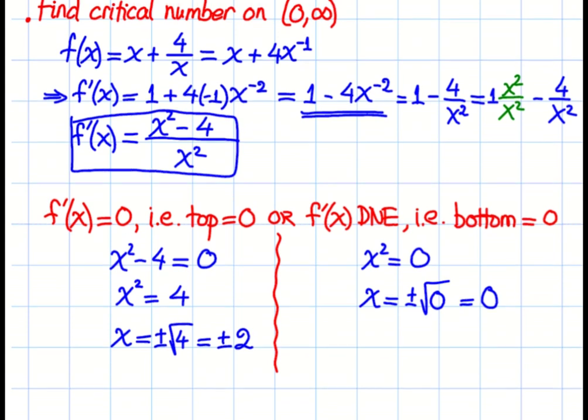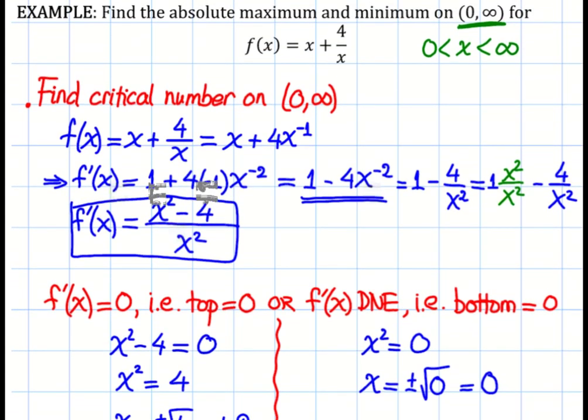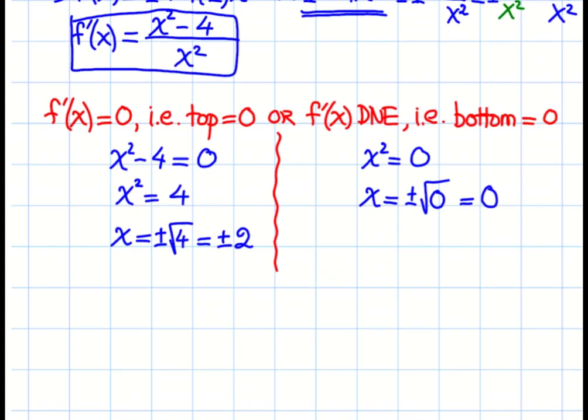Now, very important that all the critical numbers have to be between 0 and infinity. So that is very important. So we said critical number from 0 to infinity.